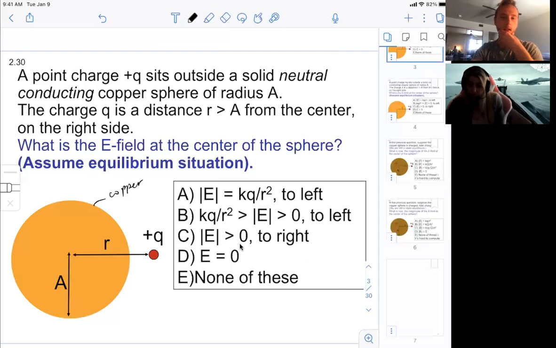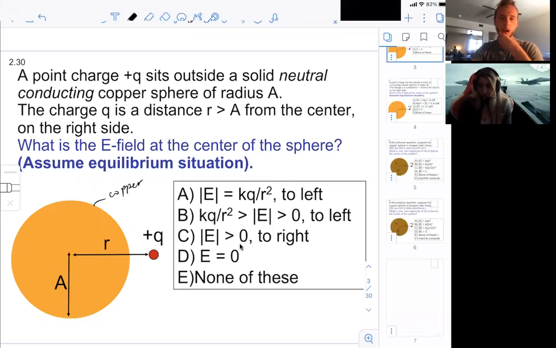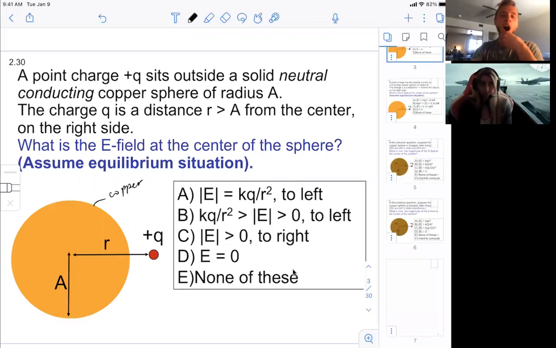The majority voted for D, although we shouldn't be discouraged if our vote is not the same as the majority. Sometimes the majority votes wrong. So in this case, would anybody like to tell us how they know what the E field is at the center of this metal sphere?